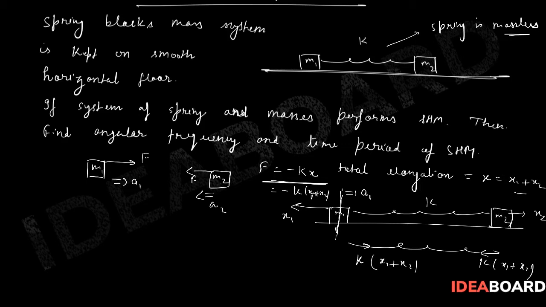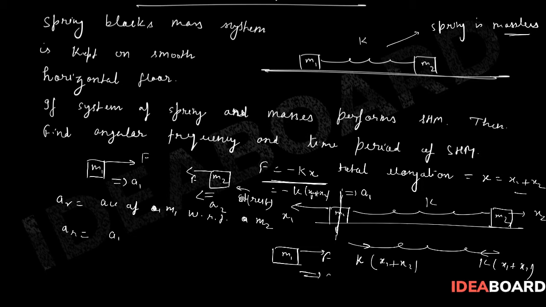So what I need to do is calculate the relative acceleration of m1 with respect to m2, right? In this situation we take the second one at rest, and then we write a relative is equal to a1, and of course the acceleration of the mass m2 will add up to m1, because both directions are opposite.